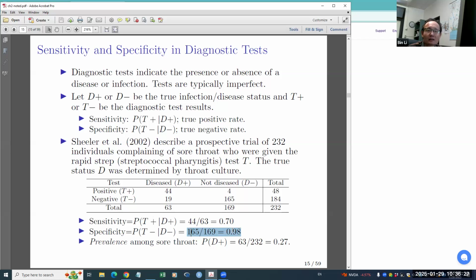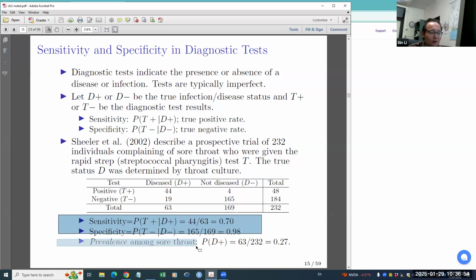So that tells us 98% of those non-diseased subjects will get negative test results. But there is a 2% chance that those non-diseased subjects will get a positive test result. Okay, so this is the sensitivity and the specificity.